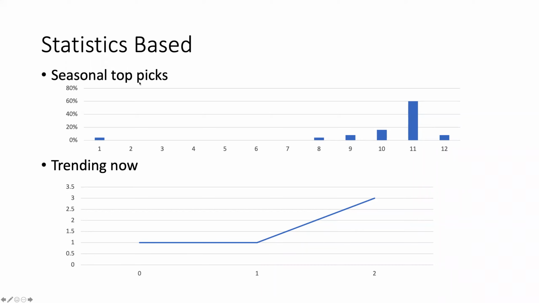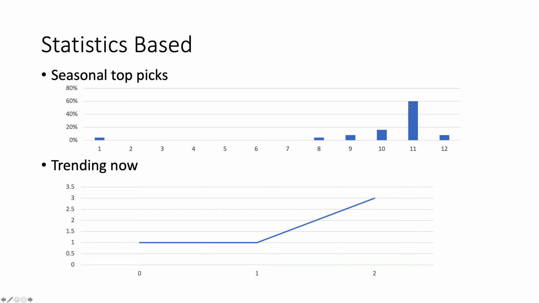So the seasonal topics approach is quite simple. If you want to use months as a season, we get the monthly sales or views of one item, and then divide by the total views or sales of the year.